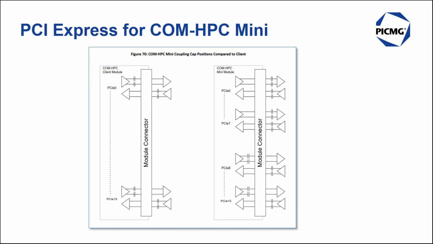SATA, for example, is an interface that will probably play a smaller role in the future and may disappear altogether at some point. However, customers from the embedded market in particular would like to continue using this interface, and there was a desire from several module manufacturers to be able to offer this function with COM-HPC Mini as well.